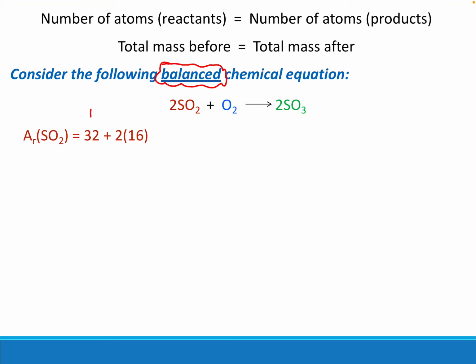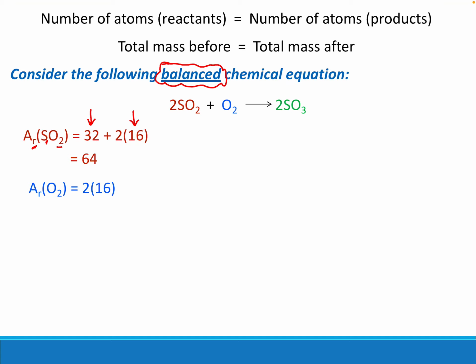If I go on my periodic table, the mass number of sulfur is 32. There are 2 oxygens, so I multiply the mass number of oxygen, which is 16, by 2, and I get a total of 64. I'm not putting a unit because this is relative, it's the scale. Then I'm going to work out the relative mass of oxygen.